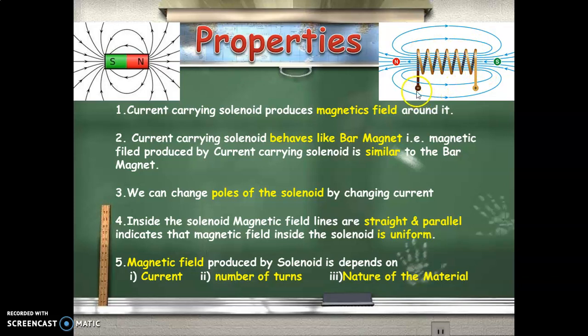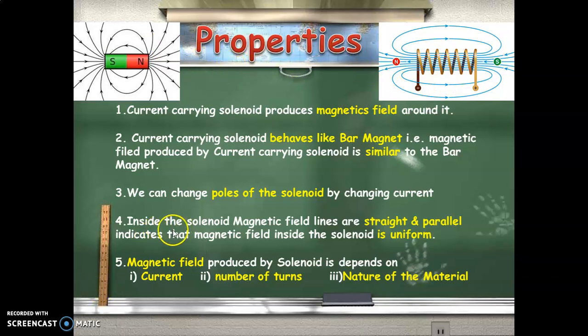Suppose current is flowing from positive to negative: near the positive end it behaves like south, near the negative end it behaves like north. If you change the direction of the current, then the poles are also changed. So we can change the poles of the solenoid by changing the direction of the current. That is a very important difference between these two.